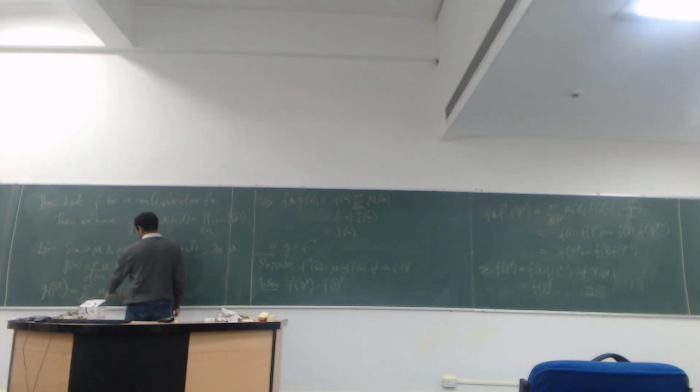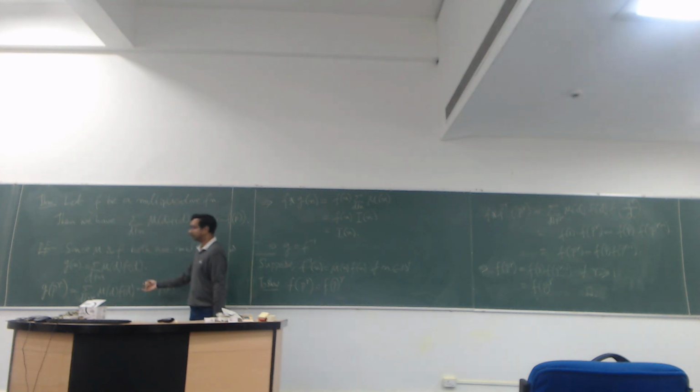The first one is just mu(1) f(1), and f was given to be a multiplicative function, so it's 1. And the second one is just minus f(p). So g of p is equal to this, and then g of n is just a product of these over the prime divisors.